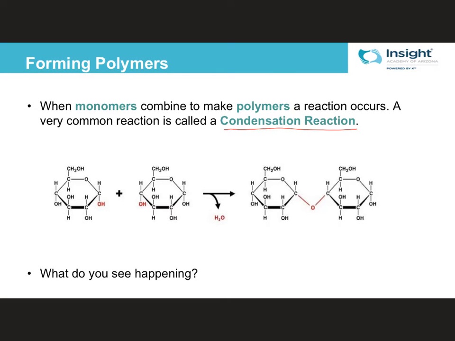You've got these two OH groups bonding together, giving off a water, and then now they're joined by the one oxygen that's left behind. So what does this make? Water. Condensation is a term related to water. That's what happens when, if you're boiling water and then you cool it back off and it turns back into liquid water. That's called condensation. That's what's going on here. We're making water.